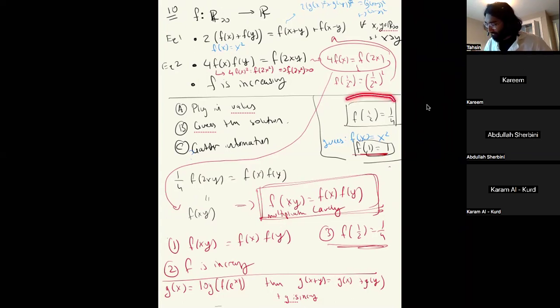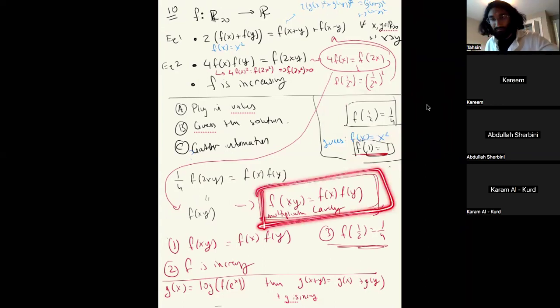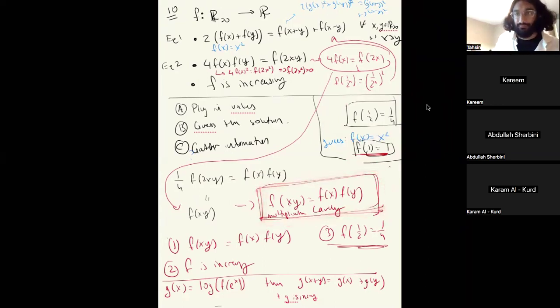We first needed f of 1/2 equals 1/4, and then we needed f of 1 equals 1, which we got from plugging in some small values. And then from there you can get this multiplicative Cauchy, and then you actually know what to do. Are there any questions on this problem?